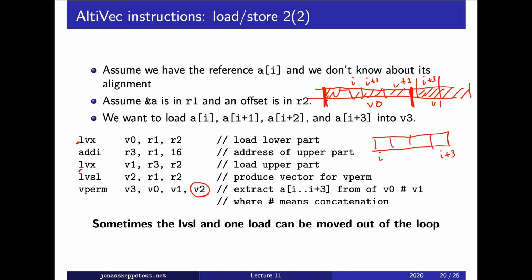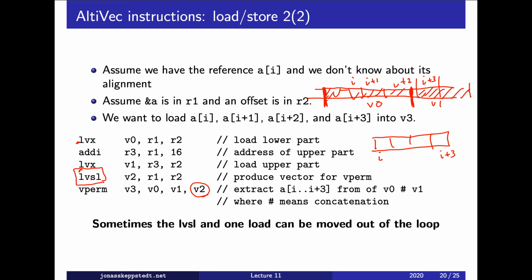The term real address is used for physical address in IBM terminology, so let's say the virtual address. This instruction produces that bit pattern, and the name is load vector for shift left.